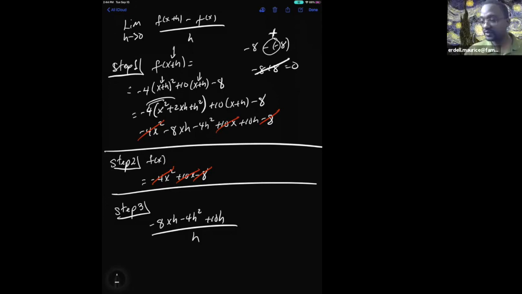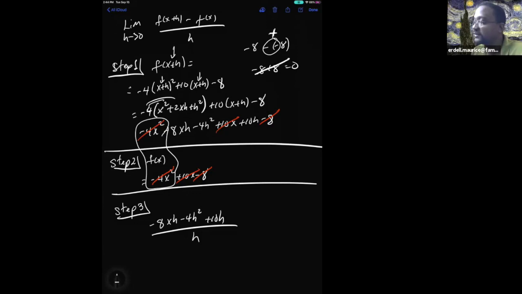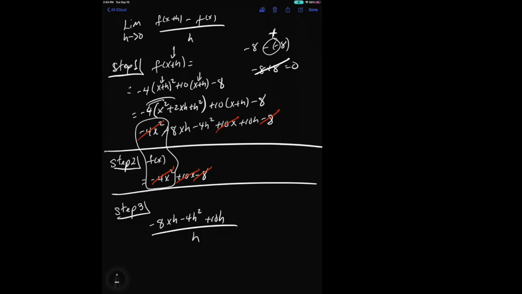And so in my subtraction step right here, because they're the same, they will cancel out. Oh, see, I had the negative 4x squared minus 4x squared. That's how I got the negative 8. Yeah, okay. I see. Does that clear it up for you? Yeah, that's good. All right.